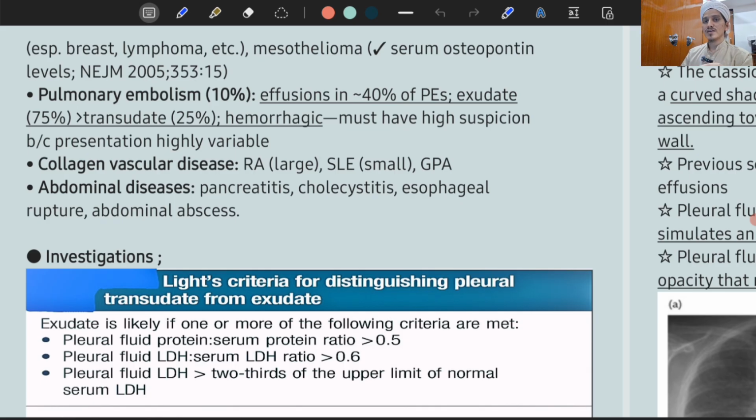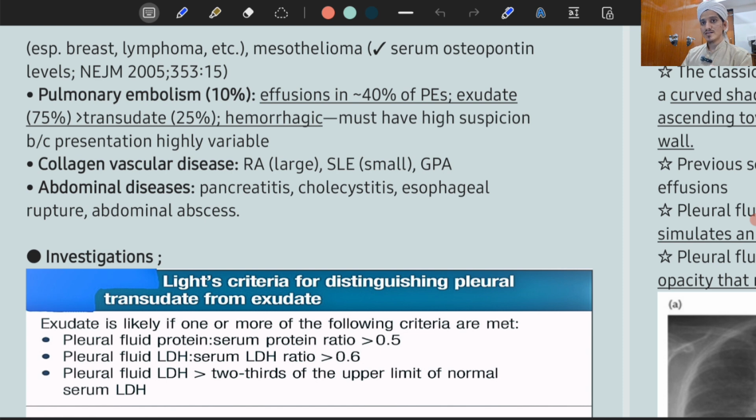Transudative, we will just revise. The most common cause of transudative effusion is cardiac failure. Second is hepatic hydrothorax, and you can also have it in constrictive pericarditis and in nephrotic syndrome. In exudative pleural effusion, the number one cause is parenchymal infection of the lung, which can be due to bacteria or Mycobacterium tuberculosis.